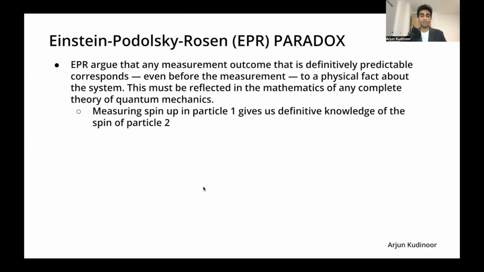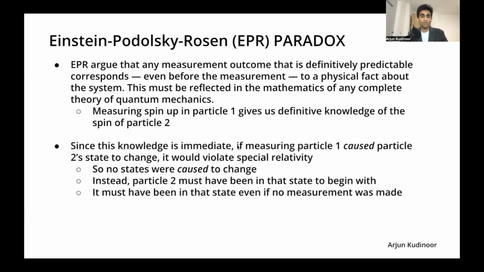So, for example, measuring the spin of the blue particle to be up gave us definitive knowledge of the spin of the second particle. We knew that it also had to be up. And the other thing is we knew that this was immediate. We knew we had access to this information immediately upon the first measurement.